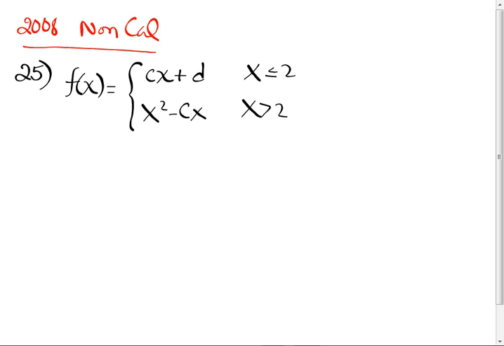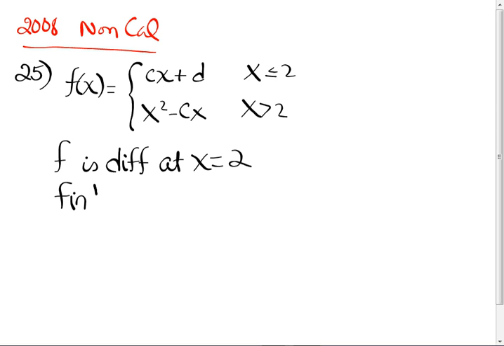Okay, I forgot what the question is. I copied it. This is really a strong statement. F is differentiable at x equals 2. And I want to find C plus D. So if you don't have your packet, there's the problem. Well, we'll look in the multiple choice packet.